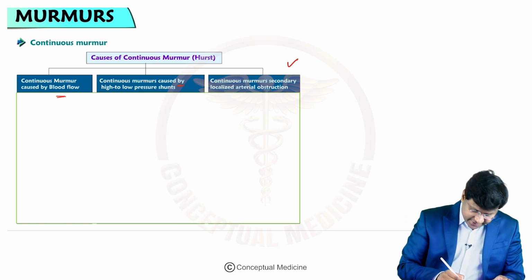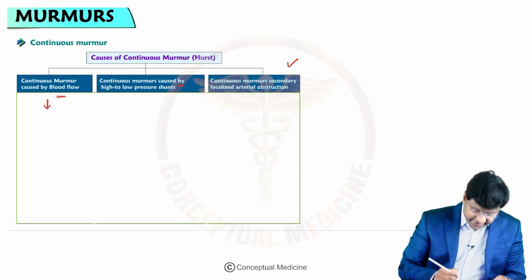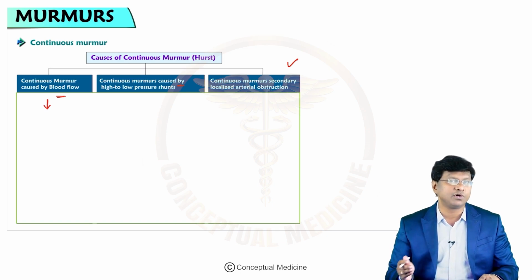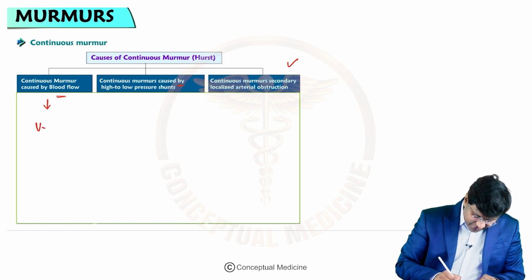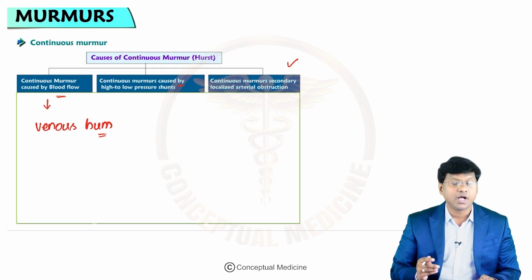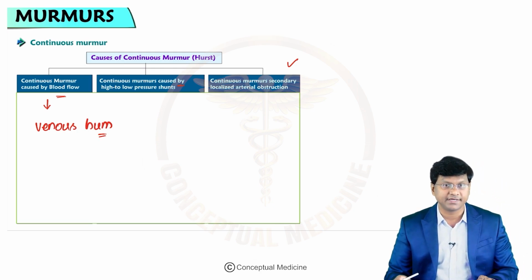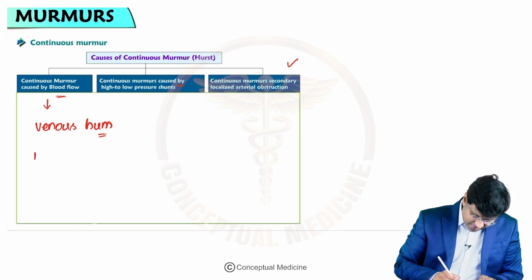Take the continuous murmur caused by the increased flow of blood across the vessels. Number one, venous hum, where there is increased flow across the veins in the supraclavicular area, and mammary souffle.